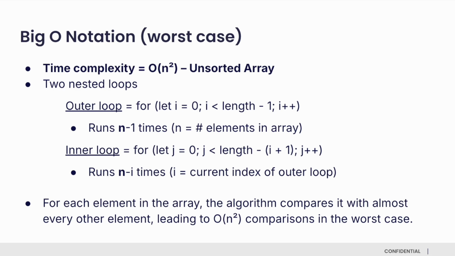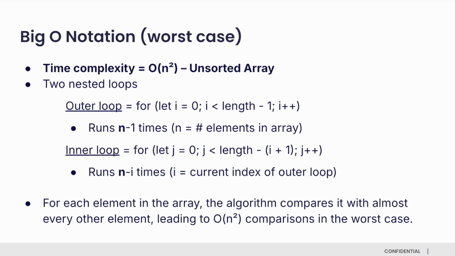Now let's take a closer look at the time complexity of bubble sort using big O notation. The time complexity will depend on how many comparisons and swaps the algorithm needs to make. So in our worst case scenario, in which we have an unsorted array, our time complexity will be O of n squared.